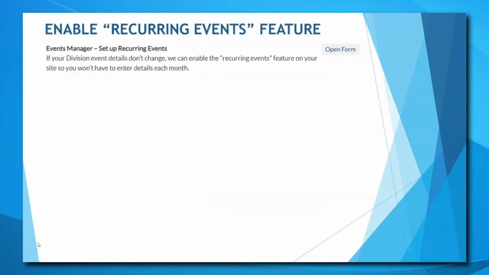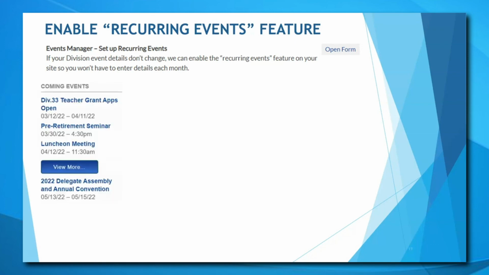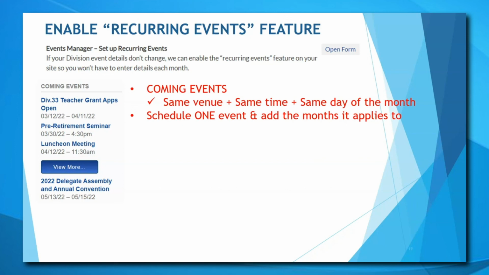The last category on the update form allows you to request activation of what we call recurring events. This may make it easier for you when scheduling your coming events using the dashboard. Instead of adding each meeting date individually, if the venue, the time, and the day of the month for each meeting don't change, you can actually create one event and simply schedule it for all of the months for the entire year.